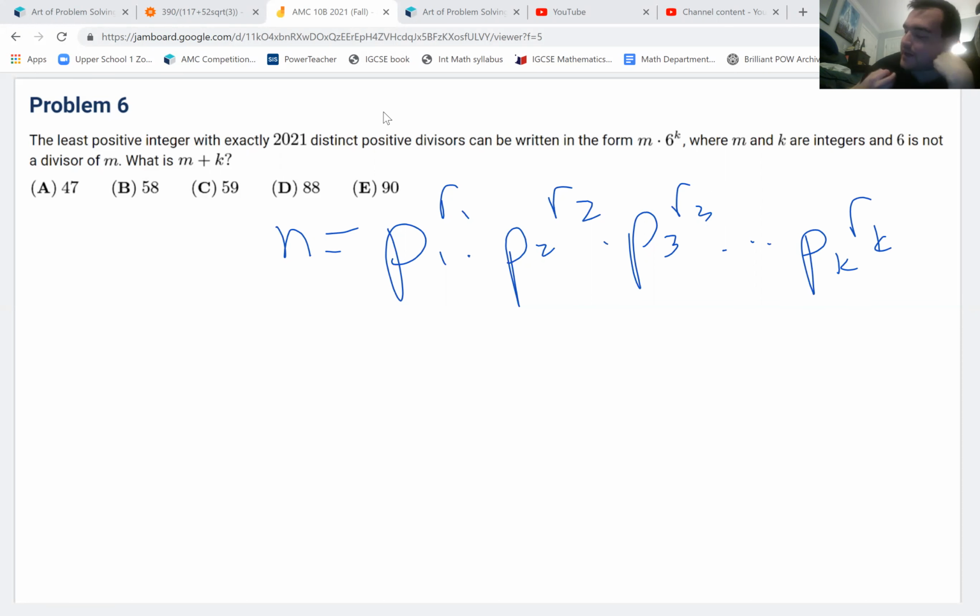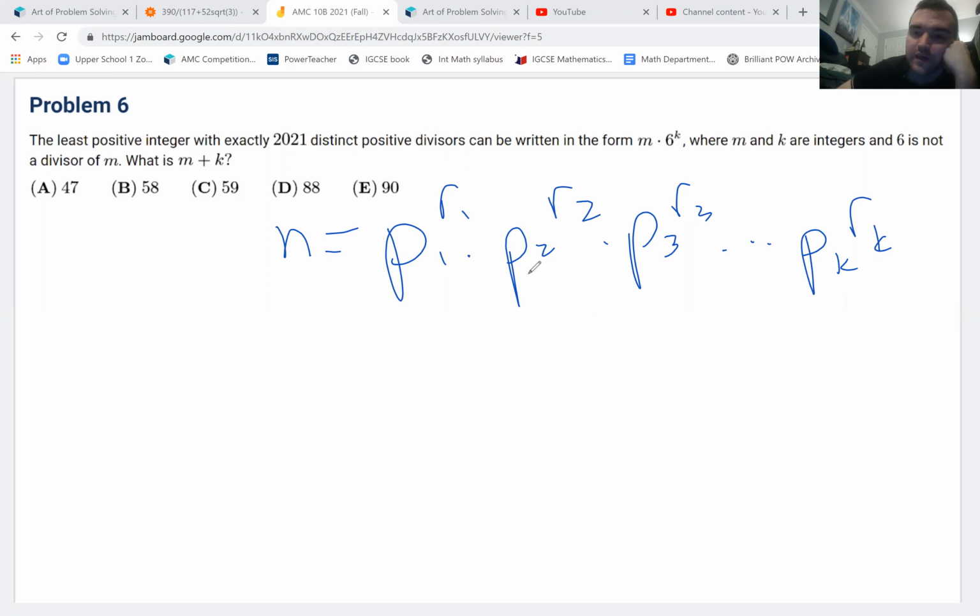Well, the way you can think about it is that any factor of the number can be built by multiplying some combination of these prime factors. So you can take some power of p1 up to r1, from 0, maybe you take none of the p1s, up to taking r1 of the p1s into your factor.